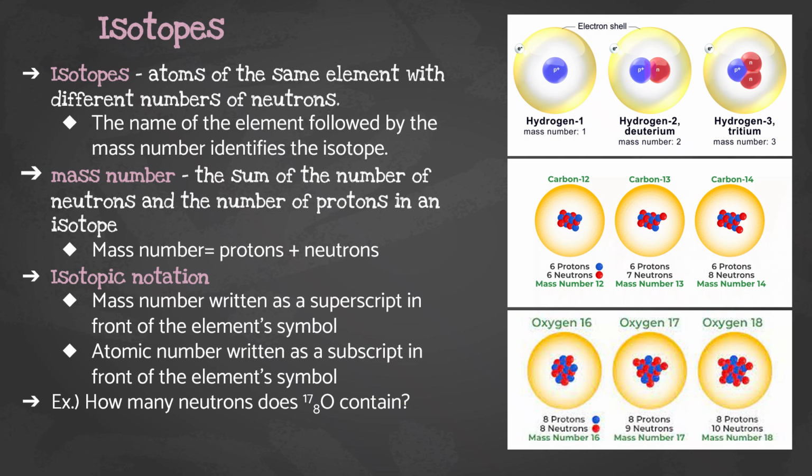We have oxygen 17. The mass number is written at the top, or the superscript, and then our atomic number is written down at the bottom, so 8 is our subscript. And to figure out how many neutrons I'm going to have, I'm going to take 17 and subtract 8 from it, which gets me 9 neutrons.